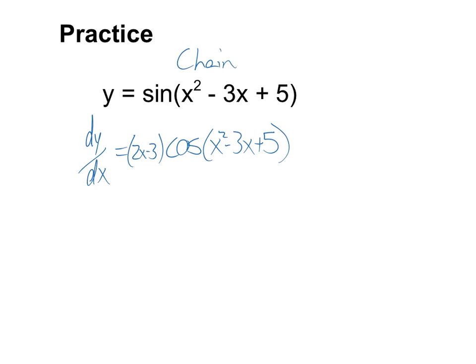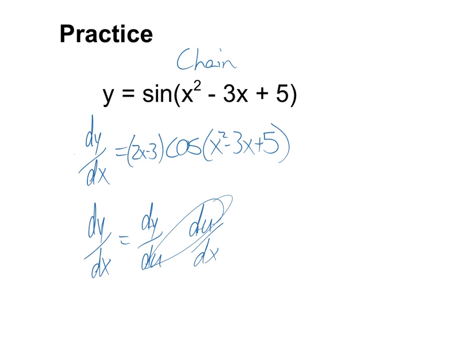I think it's kind of like this. You know, remember we wrote it dy dx was dy du times du dx. And the du is kind of like the link in the chain. And if we have another function within the function, it would be like dy du, let's say we had v, and then dv dx.